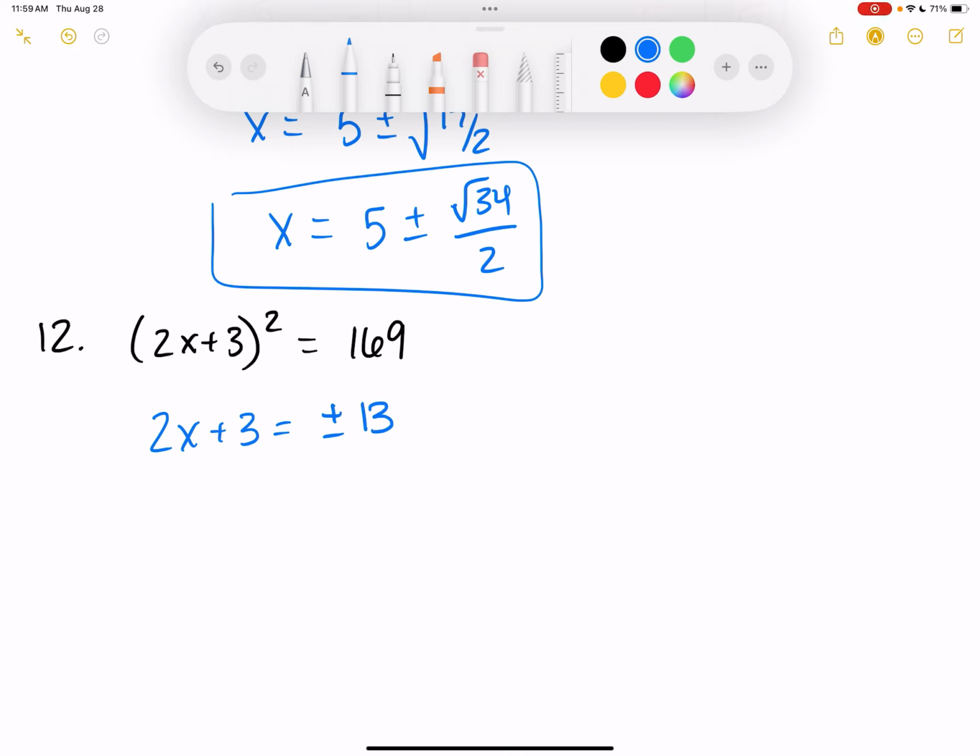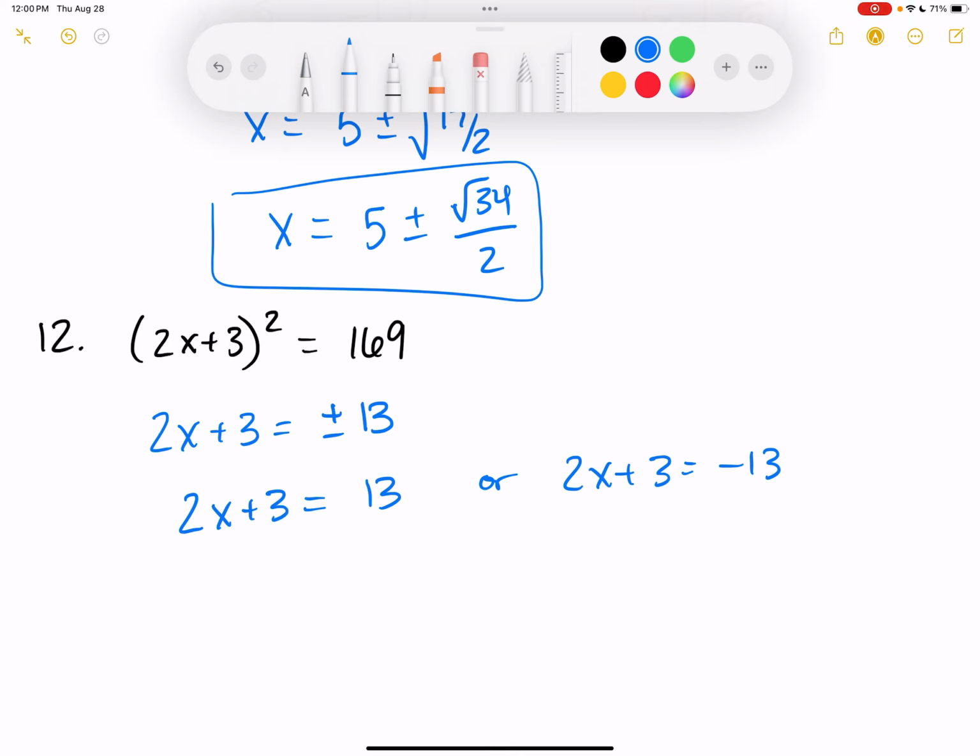Plus or minus 13. Now, because this is an actual number, not a number in a radical, we do need to split this to finish solving it. The last one was a radical, and there's nothing more I can do with it. This one is going to work all the way down to a number. So I'm going to do 2x plus 3 equals 13 or 2x plus 3 equals negative 13, and then I just need to solve.